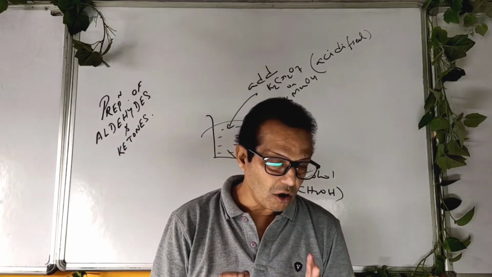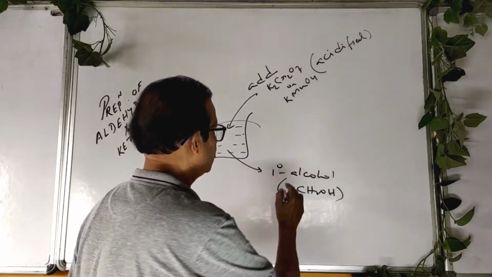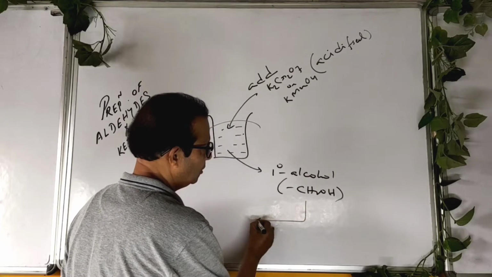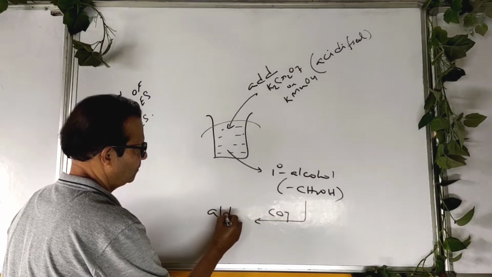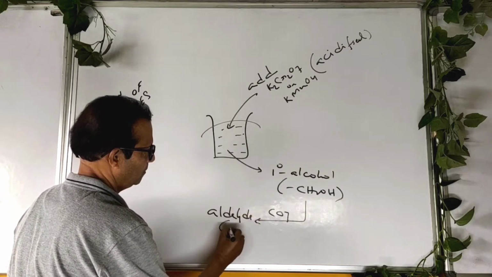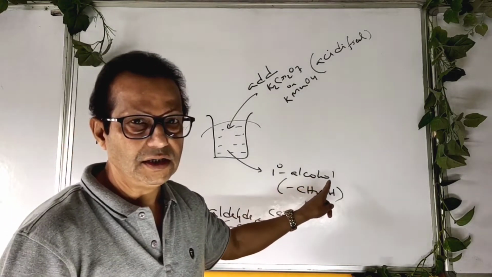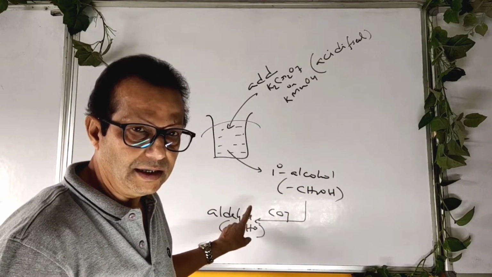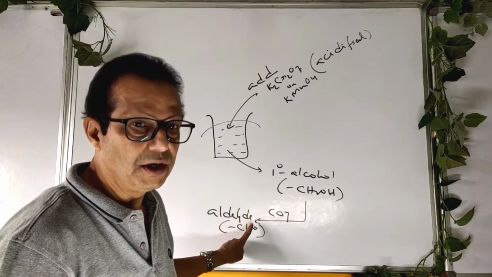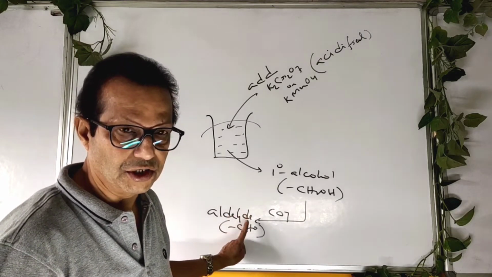They are strong oxidizing agents. So they oxidize primary alcohol to aldehyde. The aldehyde so formed readily undergoes further oxidation.